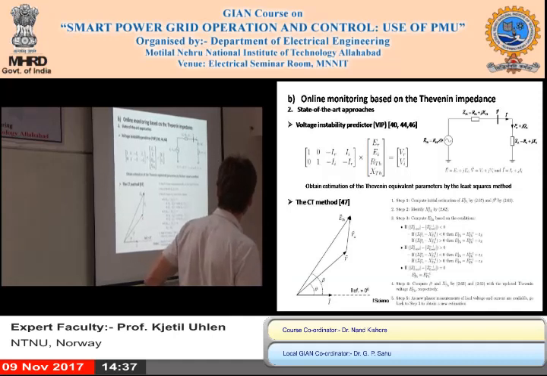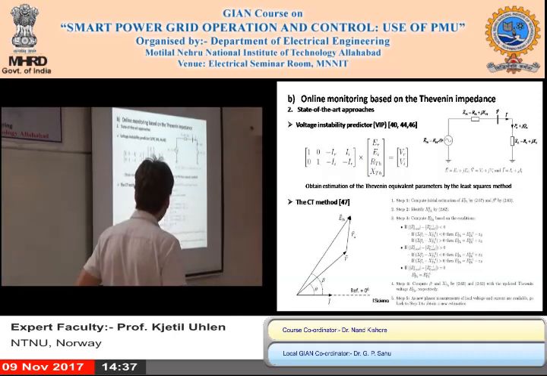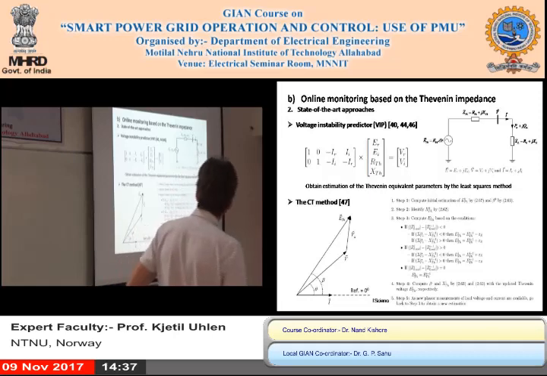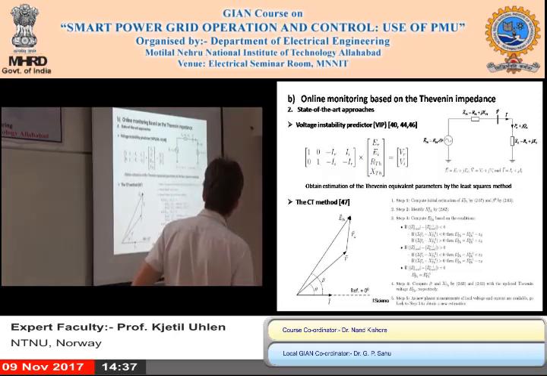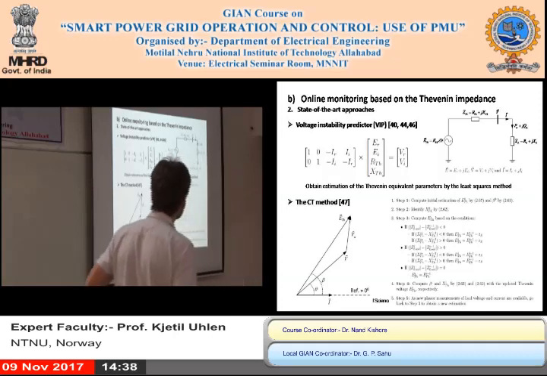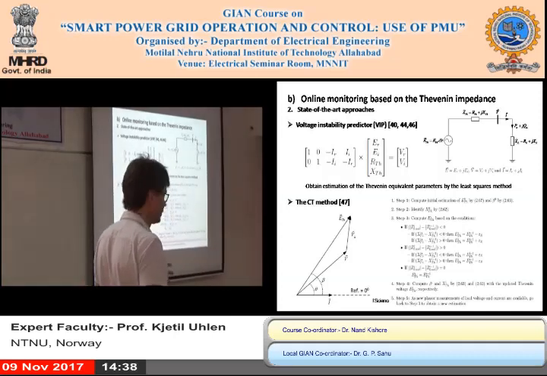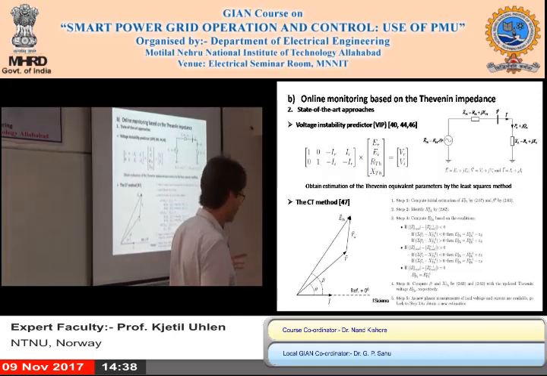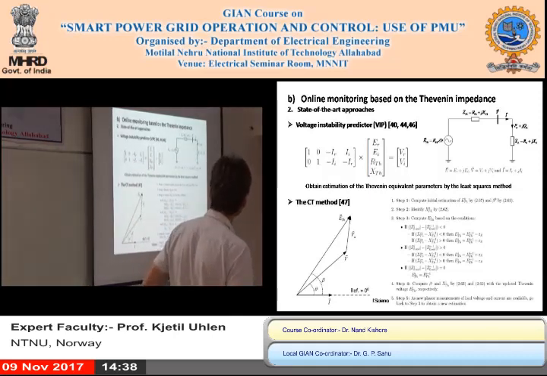So there has been some improvement to this one, by Glauco Taranto and his colleagues. They made an improvement to the algorithm to provide a solution by an iterative scheme, so that at least the resistance was ensured to be positive, and it gave some better results.